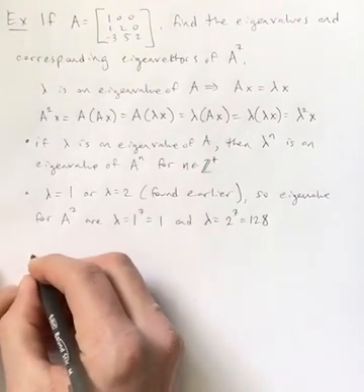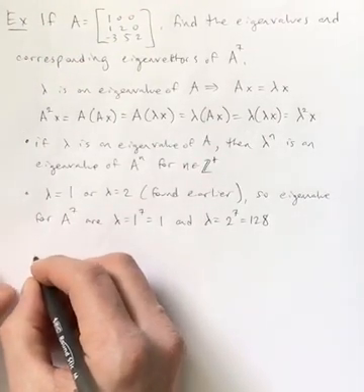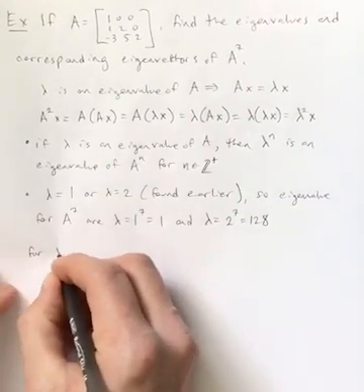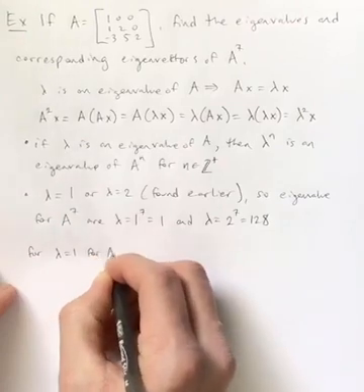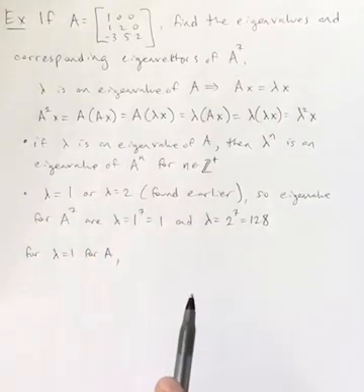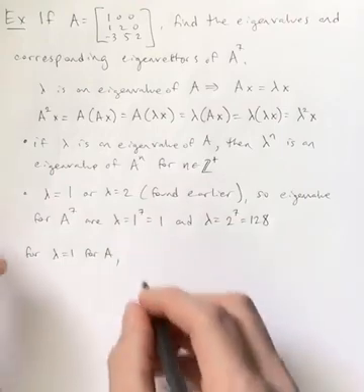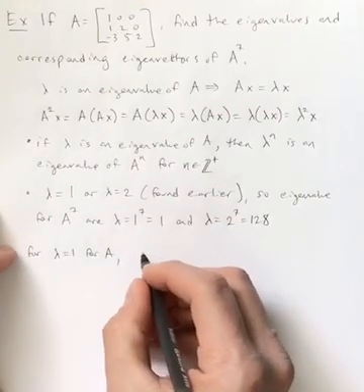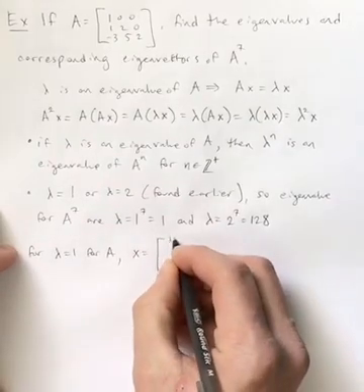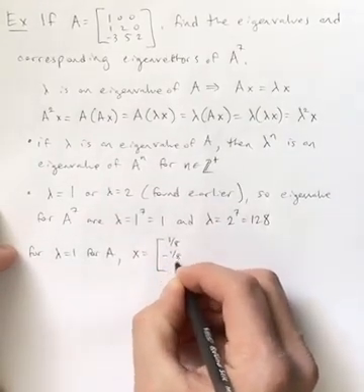So we could say then that, in fact, for let's say lambda equals 1 for A, this is again from the same problem two back, we found that X would equal, or could equal, 1/8, negative 1/8, 1.